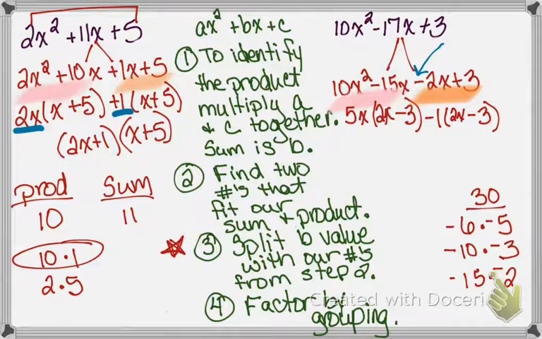It's not. Okay, so I've got to have the same exact thing there. Okay? So this factors to 5x minus 1 and 2x minus 3.